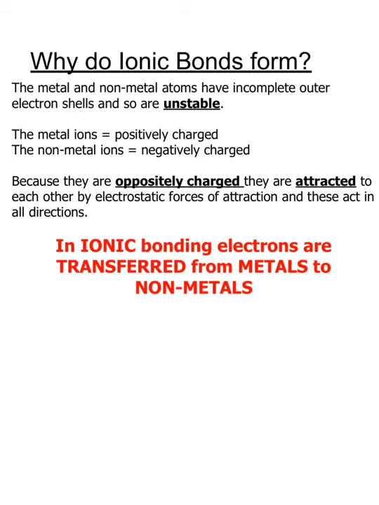And rather than call it an attraction between a metal and a non-metal, we simply call that attraction an electrostatic force of attraction. In ionic bonding, the main principle to remember is that you are always transferring electrons from your metals to your non-metals.